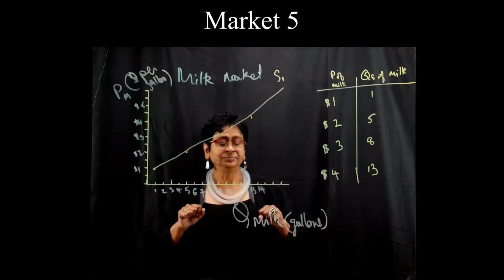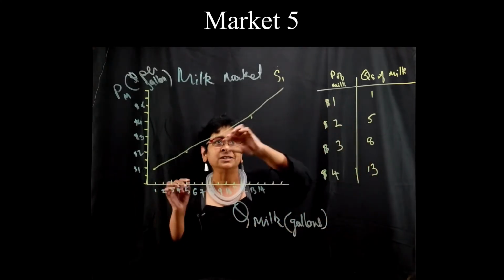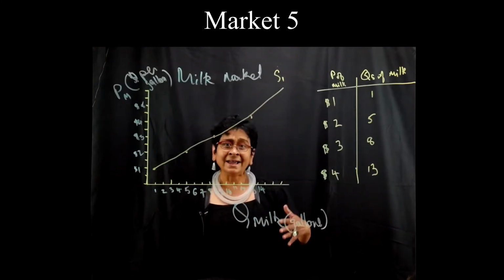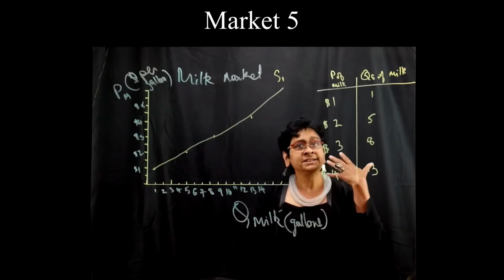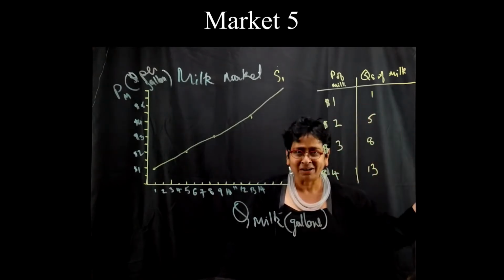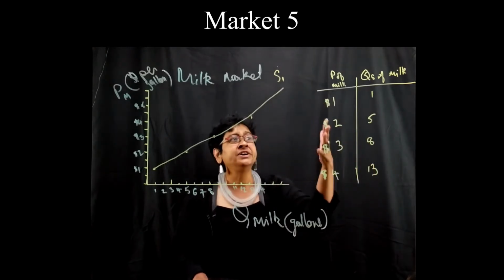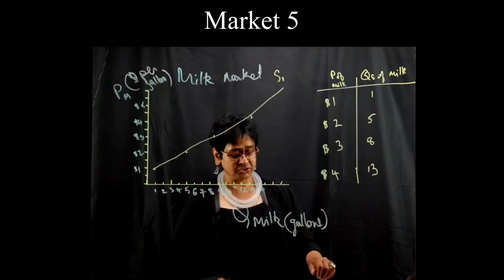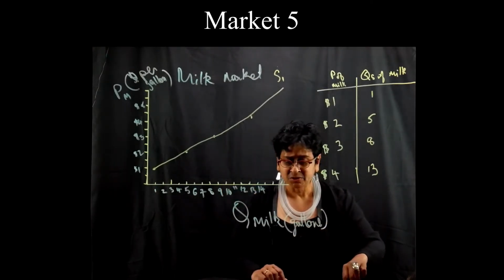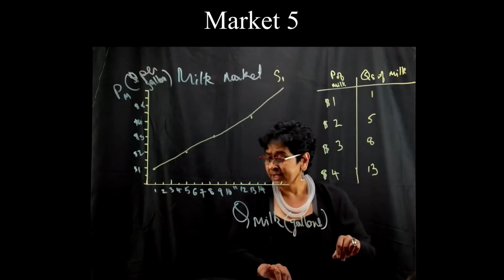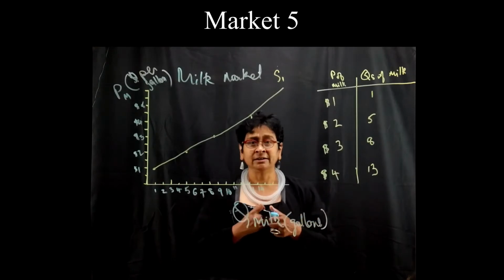So this is our visual representation, and a reminder that we're reading it from the price to the quantity. So now that we have a visual representation of the quantity supplied, as I did with demand, I'm going to ask myself, okay, the ceteris is not always paribus. So what is going to happen if something other than the price of milk changes? As before, if something changes which isn't the price of milk, that's going to show up as a shift in the curve.